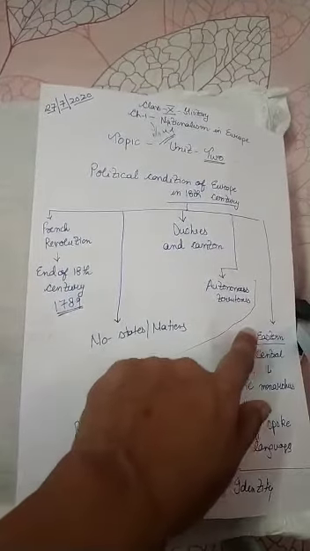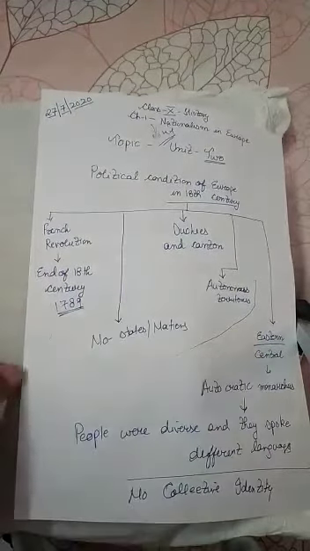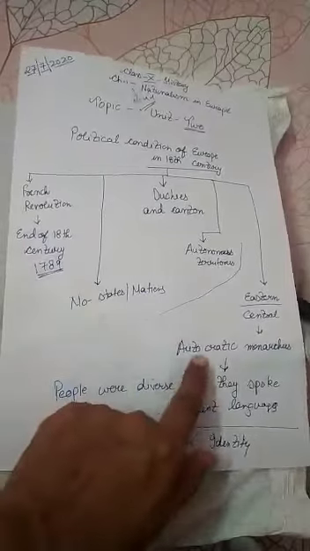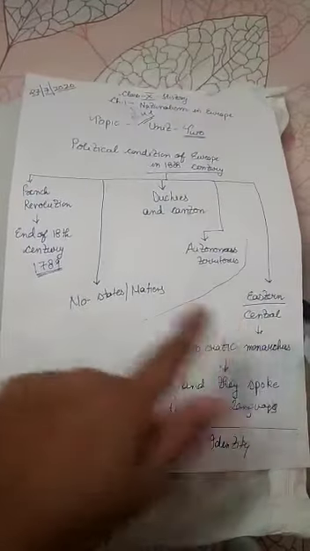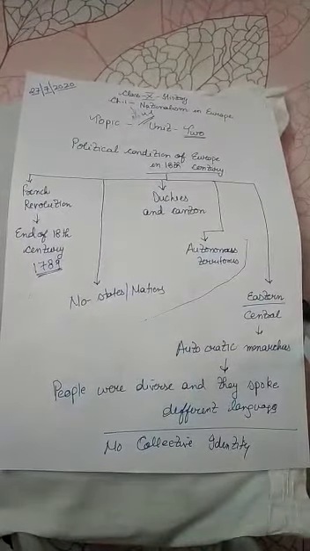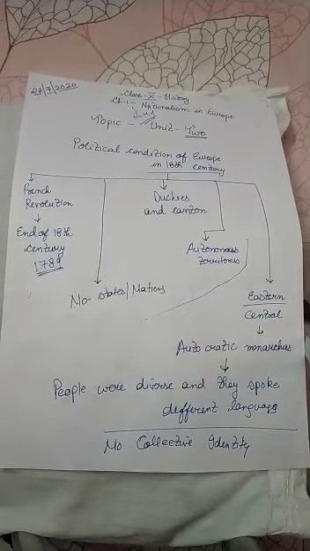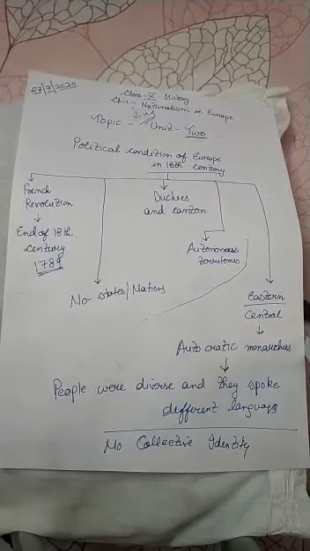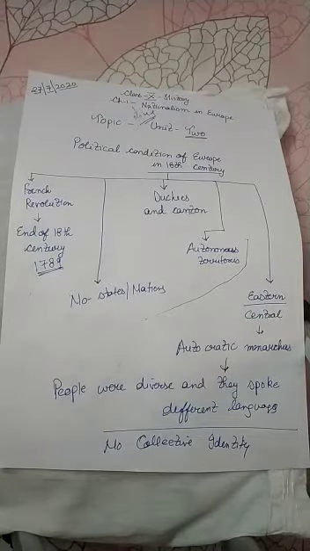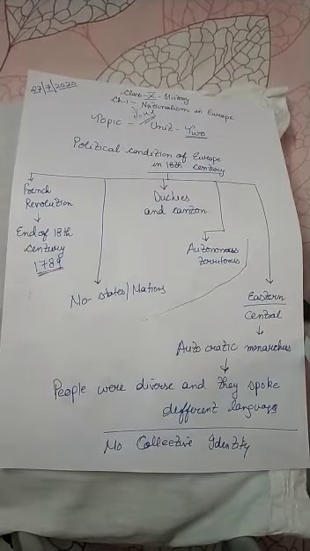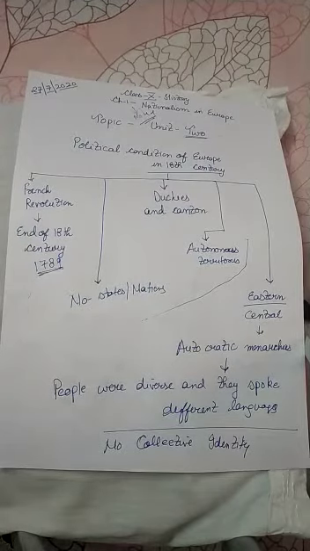In this Eastern and Central Europe, there were autocratic monarchies. Autocratic means a ruler who holds all powers in his hands. Although यहाँ ruler नहीं है, there were basically the duchies and cantons, but they held all the powers in their own hands. And in Central and Eastern Europe में monarchy was present. A king and the kingdom was present.